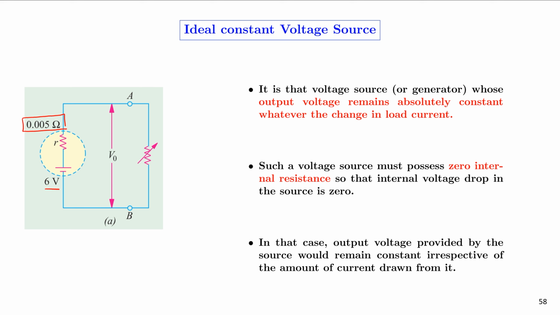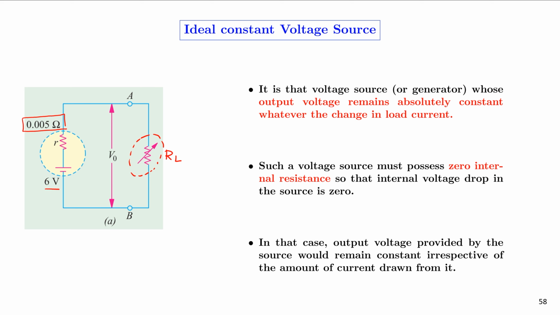Across terminals A and B, we will connect a load resistor RL, and the output voltage can be measured across the load resistance RL. A resistor with an arrow like this indicates that it is a variable resistor. That is, the value of RL can be changed.